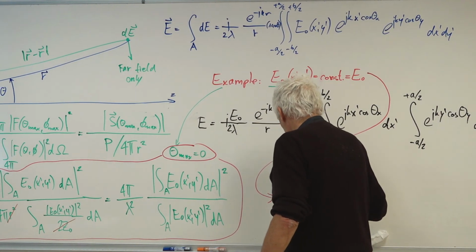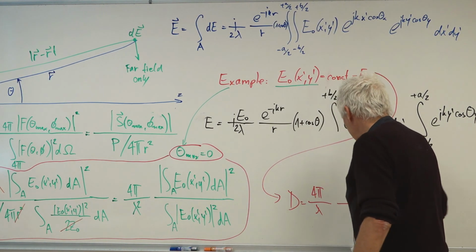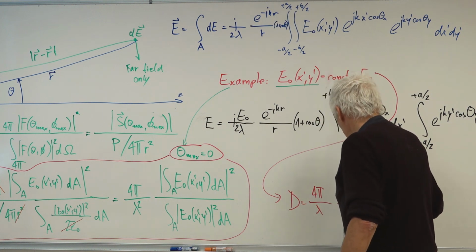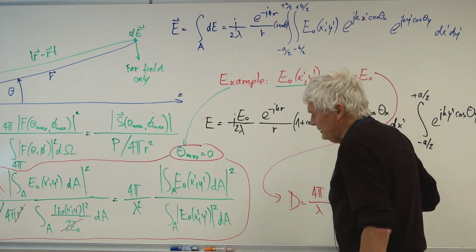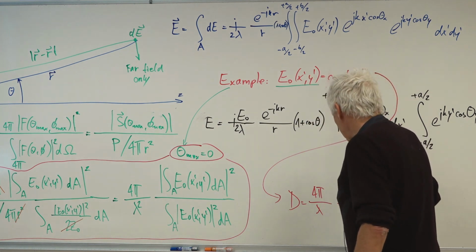It is 4 pi over lambda. And on top, I have E0 times A. The integral is very simple, it's just multiplication, absolute value squared.